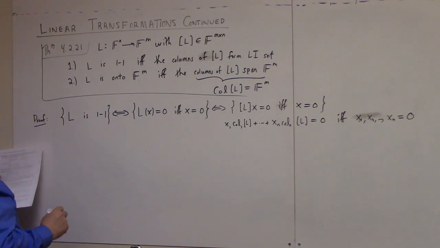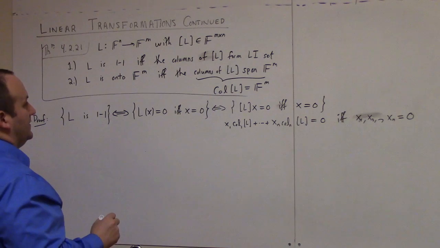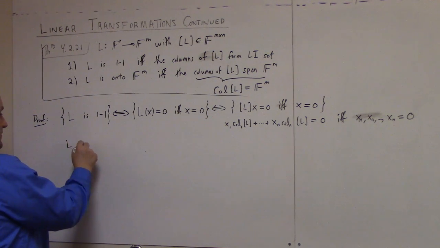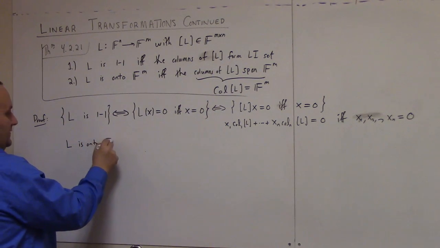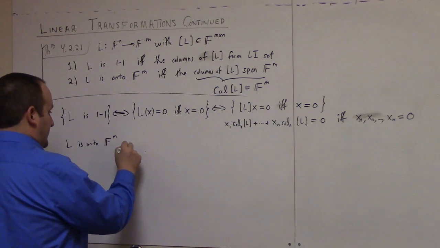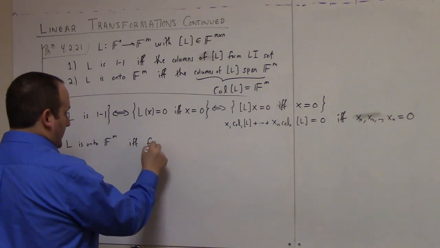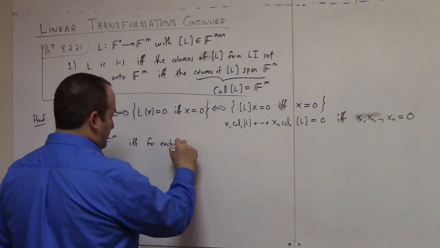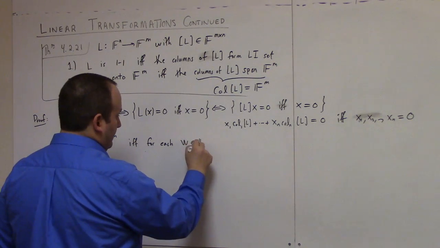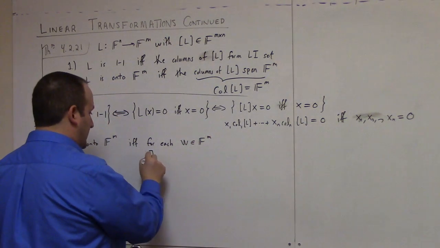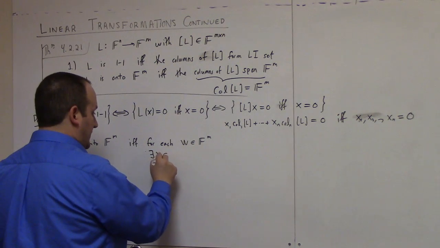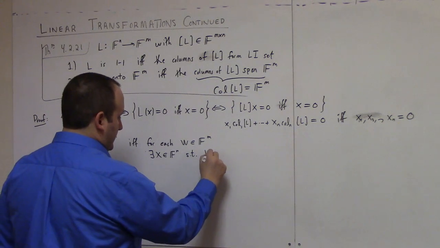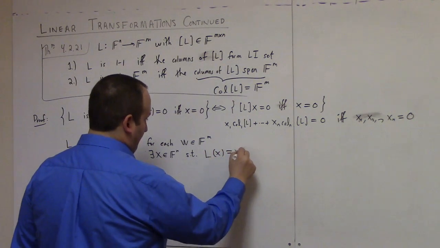Then to prove 2, L is onto Fm. What's that mean? That's just saying, if and only if, for each W in Fm there exists X in Fn such that L of X is equal to W, right?